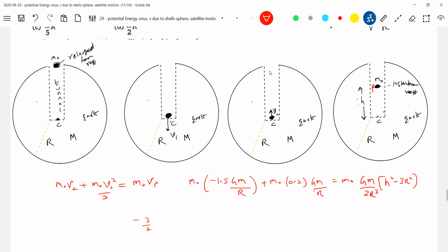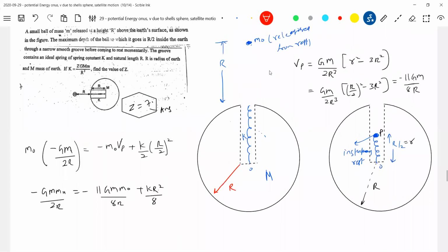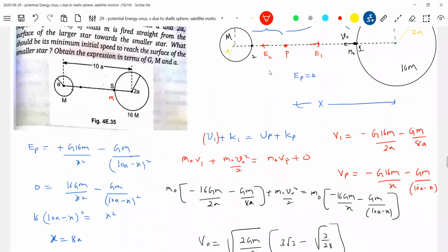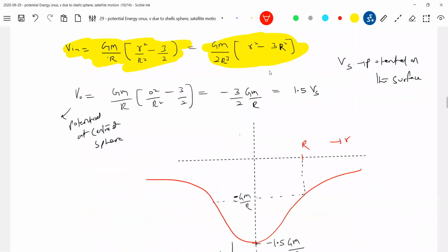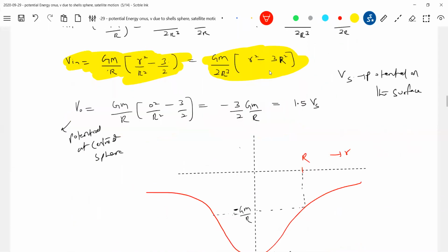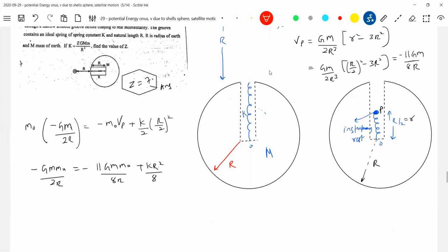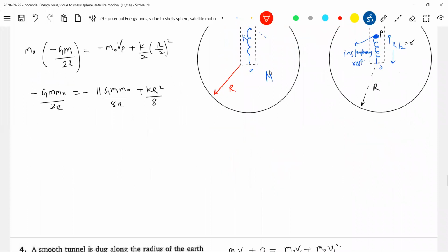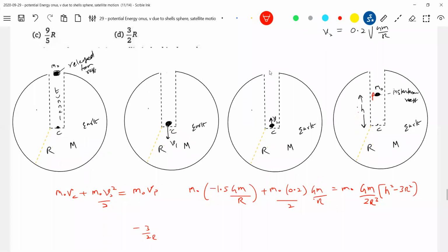Sir, there should be a 2 in the denominator for kinetic energy. See the formula? We derived this formula. Kinetic energy is there, so the 2 should not be there. So minus 3 by 2r, let me keep it r, no problem.